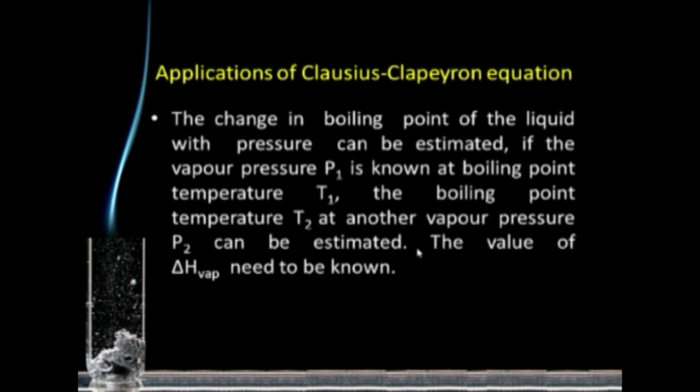And the third application is that it is possible to find out the change in boiling point of the liquid with pressure. If the vapor pressure P1 is known at boiling point temperature T1, the boiling point temperature T2 at another vapor pressure P2 can be easily estimated, but we must know the value of delta H vapor.